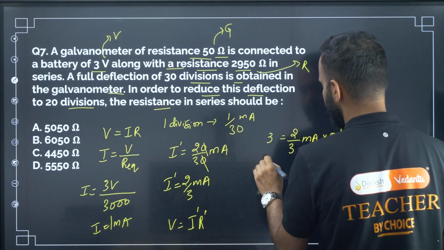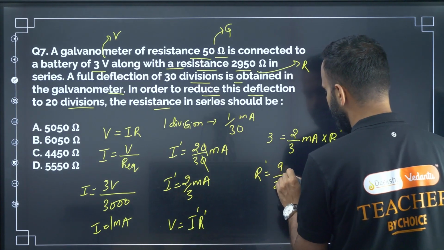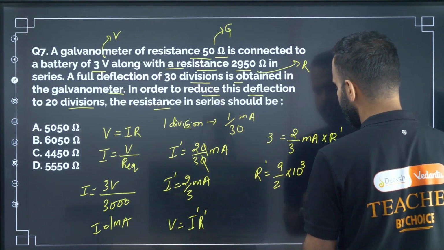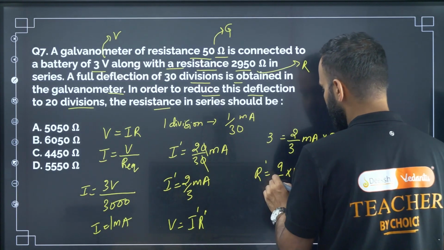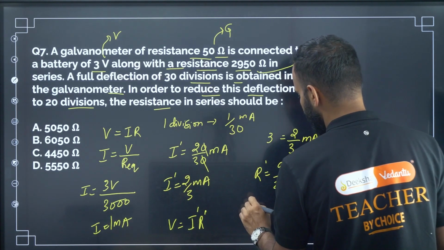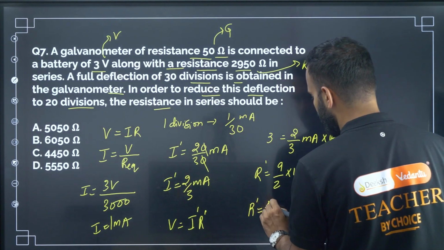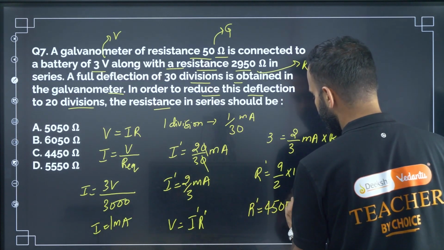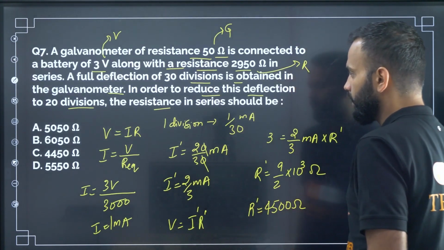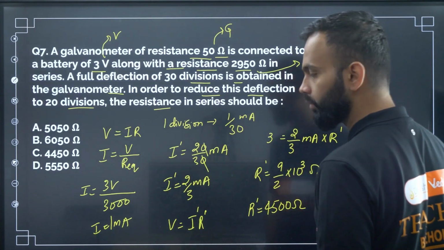Now R dash is equal to 9 divided by 2 into 10 to the power 3 ohm. 9 by 2 is 4.5, so R dash is equal to 4500 ohm.